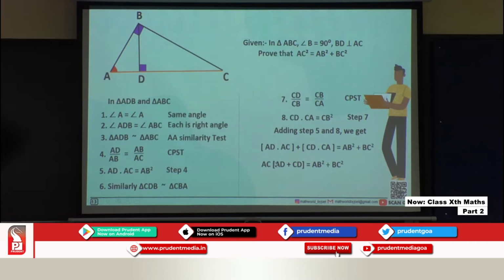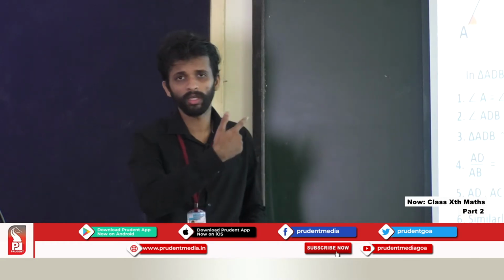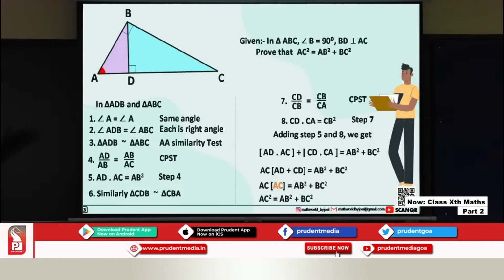So instead of writing AD plus CD, all I can do is write AC over here, and it would become AC multiplied by AC is equal to whatever is there on the right hand side, and AC multiplied by AC is nothing but AC square is equal to AB square plus BC square, and that is what we are asked to prove. So in case you want to copy this down later, you can take a picture or take a screenshot of this and then copy it down later, but please do not learn it by heart.